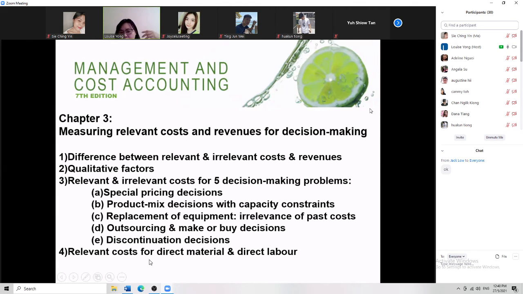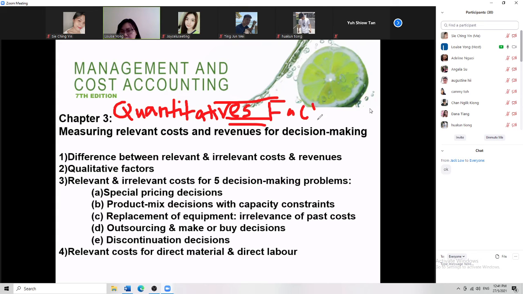当然了，这个是我们用加加减减的算法嘛，对吗？我们用加加减减的算法，然后算到一个数字出来，然后过后我们来做决定。Okay, so 这种呢，我们叫它 quantitative factor. Okay, means that 我们用 quantity 啦，用数字，用 financial factors, or we call it quantitative. Okay, quantitative factor 就是你用算出来的钱来做 decision making.